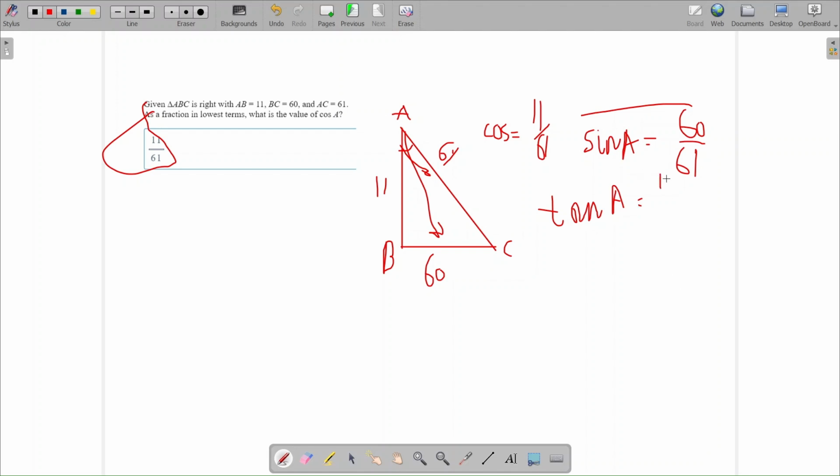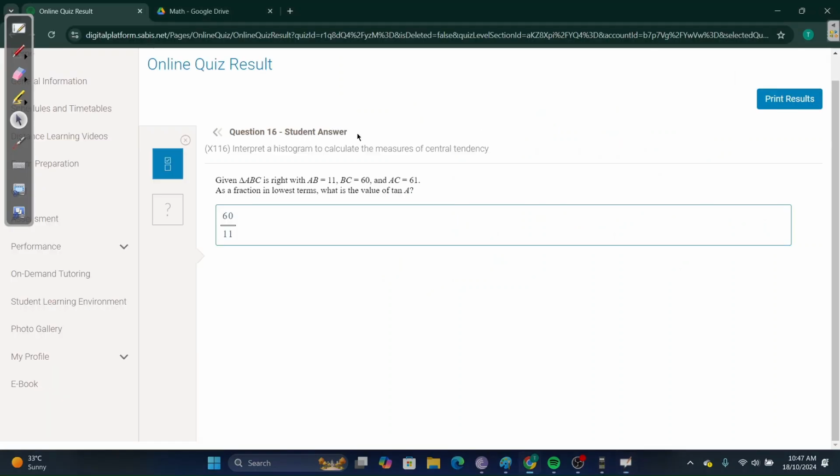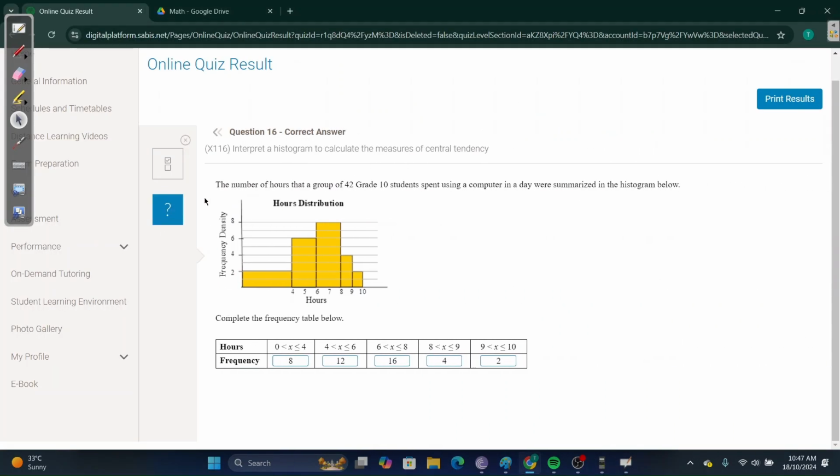So 60 over 61 over 11 over 61. Now 61 and 61 cancel, so it's 60 over 11. Kids, you can do opposite over adjacent, but I'm doing this for extra practice. So 60 over 11, and that's your final answer. Question 16, which is the final question.